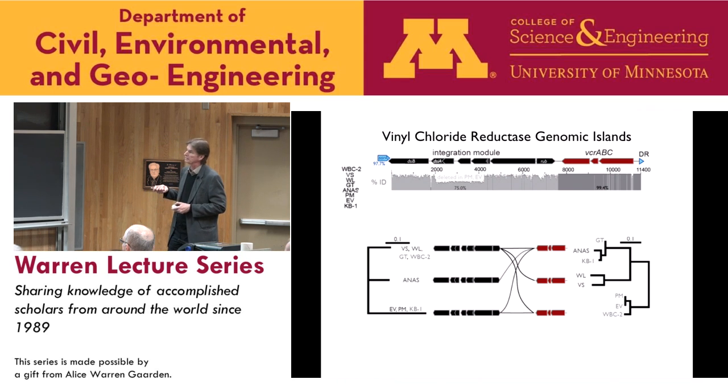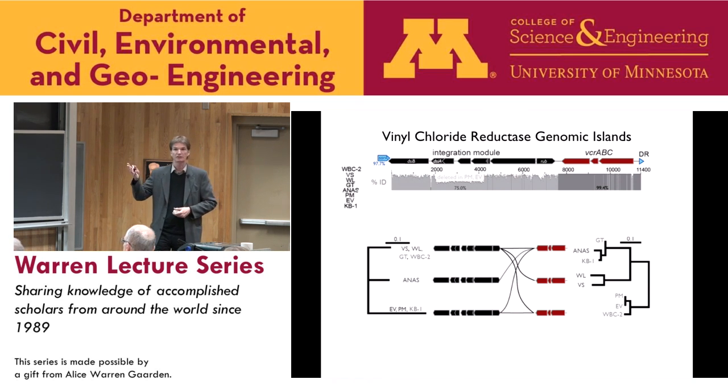Dehalococcoides. And that shows you that there's also a scrambling and an independent evolutionary history between the vinyl chloride reductase and different modules to get into different organisms. These are pure strains, and these are enrichment cultures from which we have a sequence. So these genes and these genomic islands evolved independently, which is interesting to think about from a bioremediation point of view.